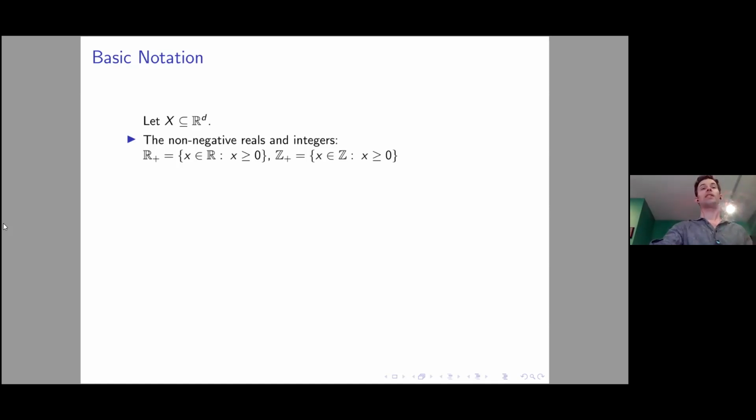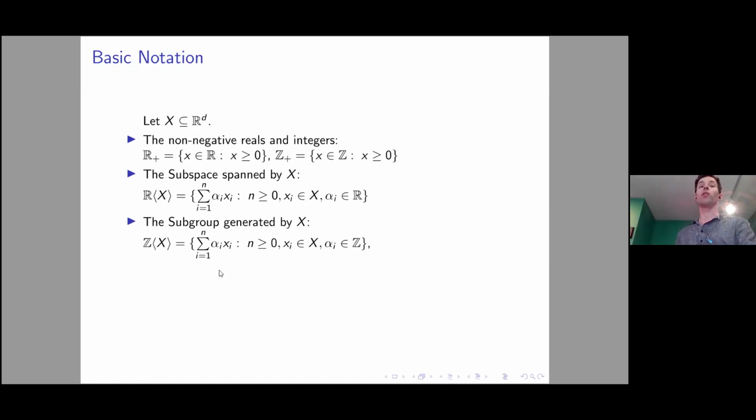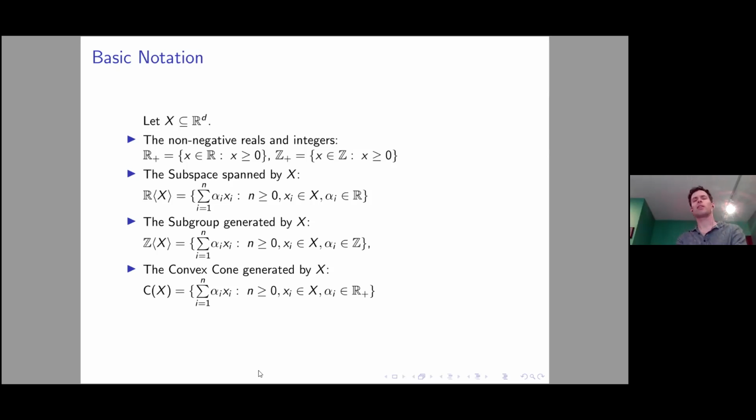And then if we have a given subset X of Euclidean space, there are various sets of linear combinations we can use to generate objects from the set X. For instance, if we take all linear combinations with the coefficients being from the real numbers, we get the subspace spanned by X. And if we take all the linear combinations with coefficients coming from the integers, we get the subgroup spanned by X. And if we decide we don't like the negative numbers, and we'd like to only take linear combinations using non-negative real numbers, then we're going to get the convex cone generated by the subset X.